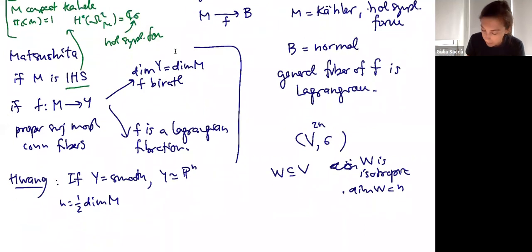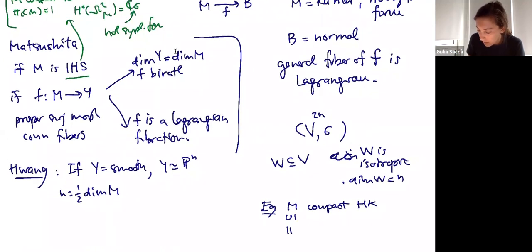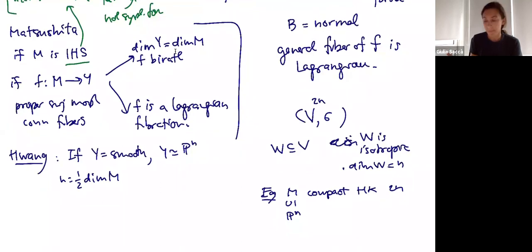A typical example: if I have M a compact hyperkähler manifold of dimension 2n, and I have inside M a projective n-space, then because P^n has no holomorphic forms, the restriction of the symplectic form to P^n is identically 0.